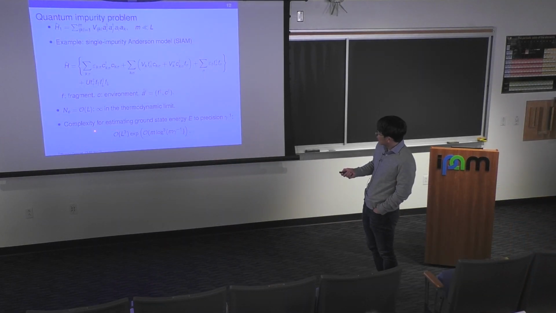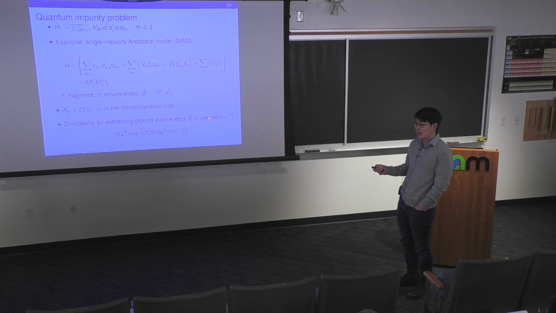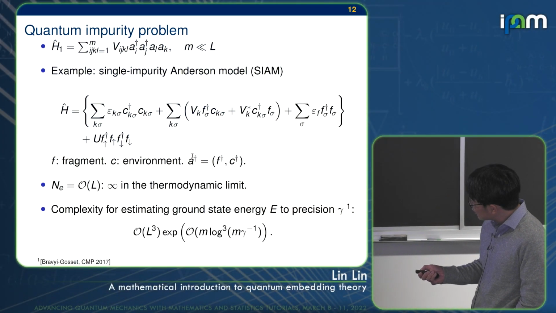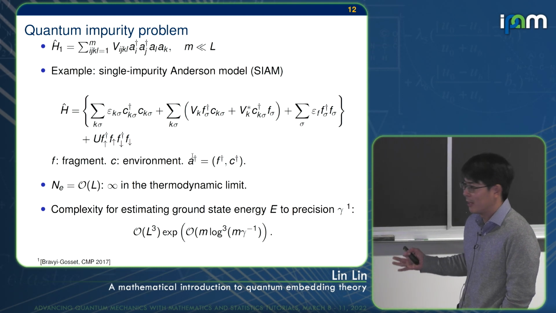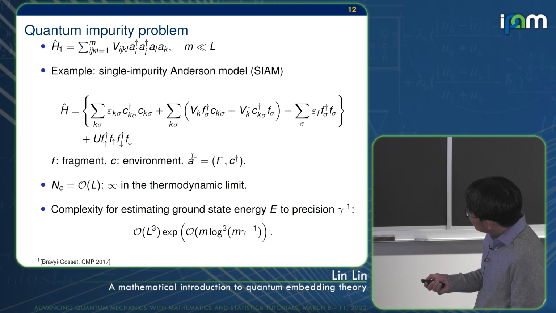They say that the complexity upper bound for estimating the ground state energy E up to precision gamma is this. There is a prefactor, which is L cubed. For theoretical computer scientists, any poly L is satisfactory, but now it's L cubed.